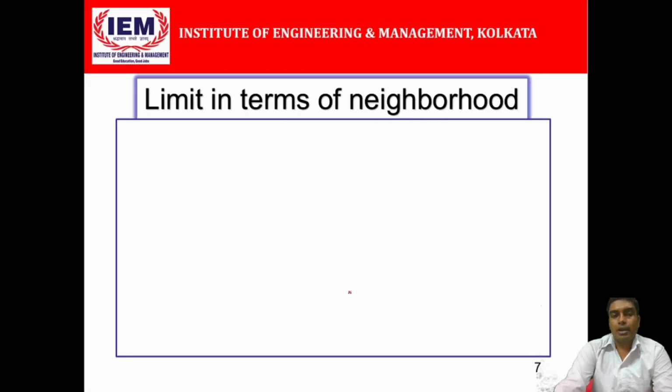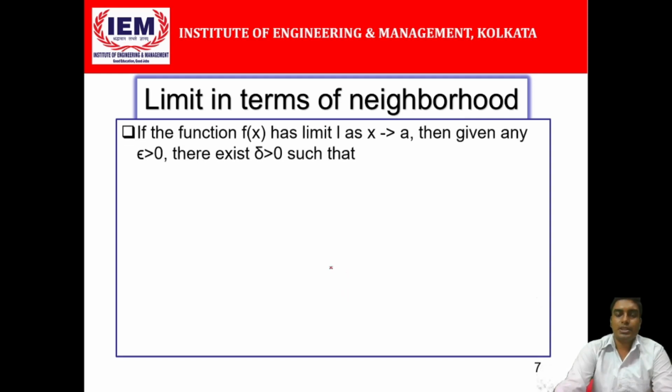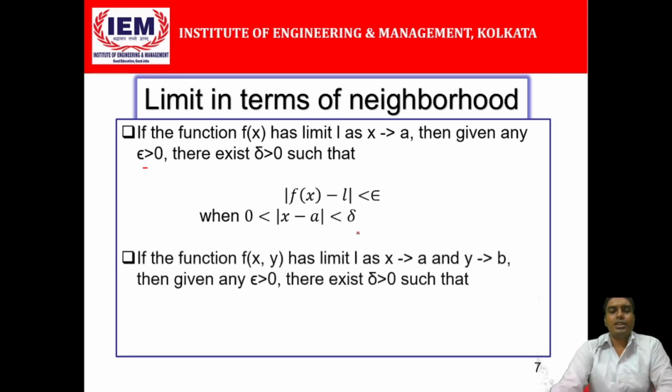Now, in terms of neighborhood, we also know for the single variable that f(x) is a function that has limit L as x tends to a. Then for any given epsilon greater than 0, there exists a delta greater than 0 such that mod of f(x) minus L is less than epsilon whenever 0 is less than mod of x minus a, which is less than delta. Similarly, we can have the definition for multiple variables, where the function f(x, y) has limit L as x tends to a, y tends to b.